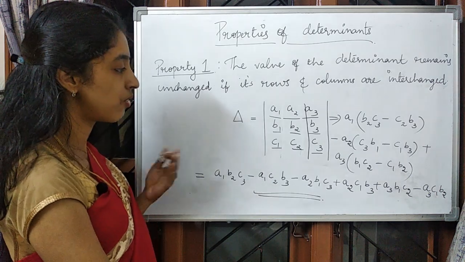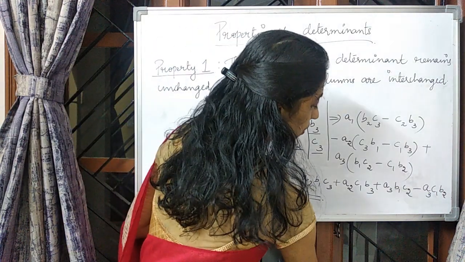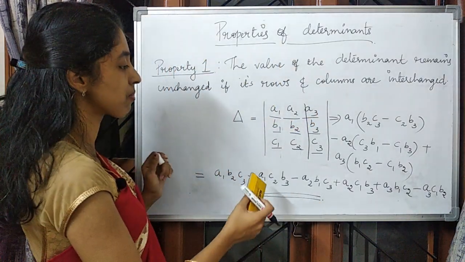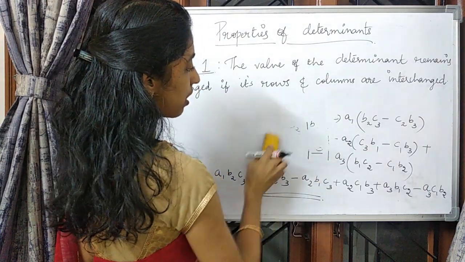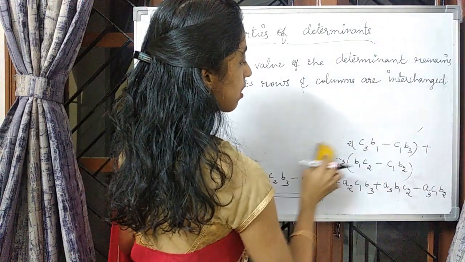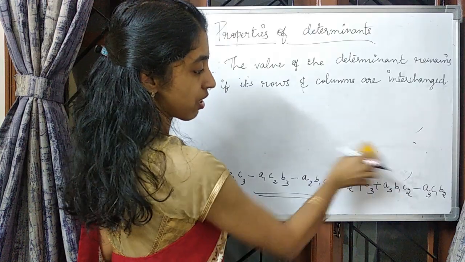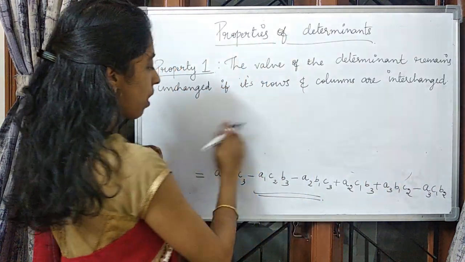Then we have to interchange the rows and columns, and once again check whether it is equal to this answer. So we interchange the rows and columns of this matrix, just like taking the transpose in matrices. We can denote it as delta 1.